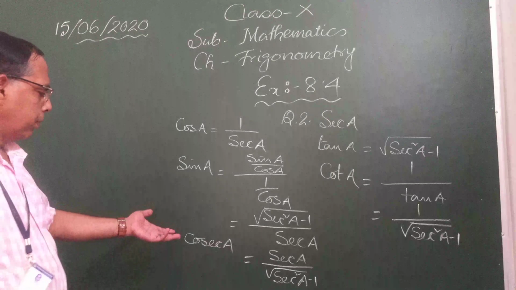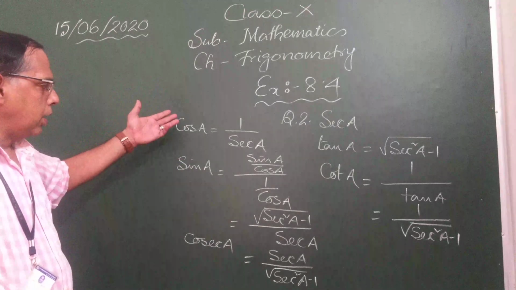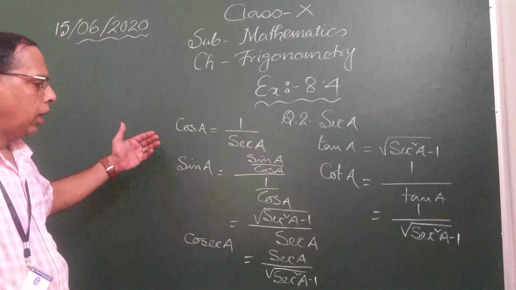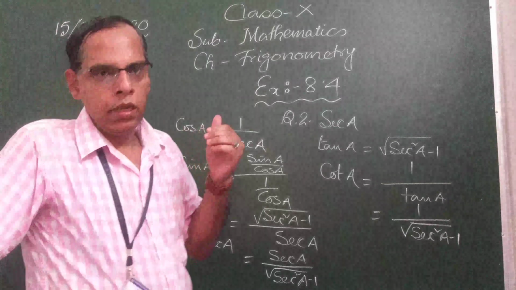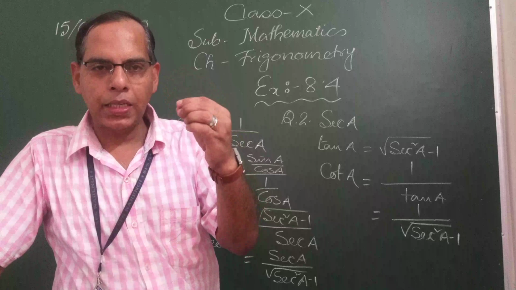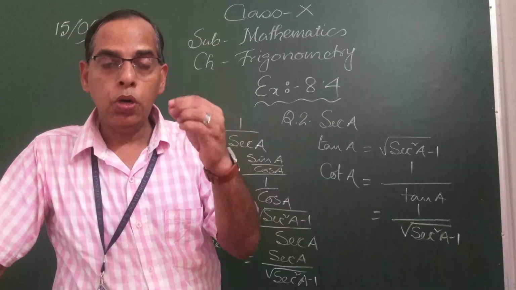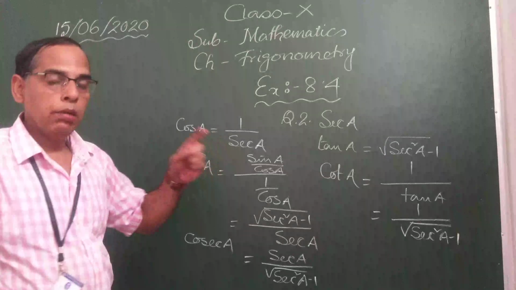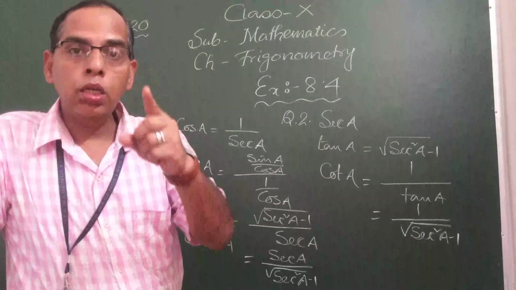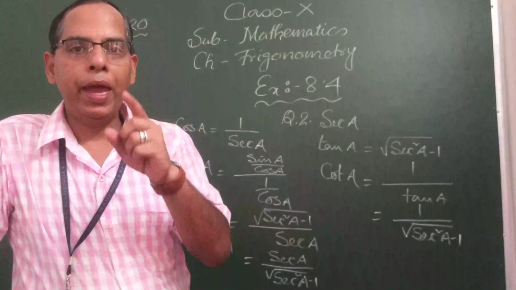See, very easy. Just convert one by one. It is just like chess: before you make your next move, you have to remember what your opponent is going to do. So before you write anything, you have to decide what you are going to do with that.